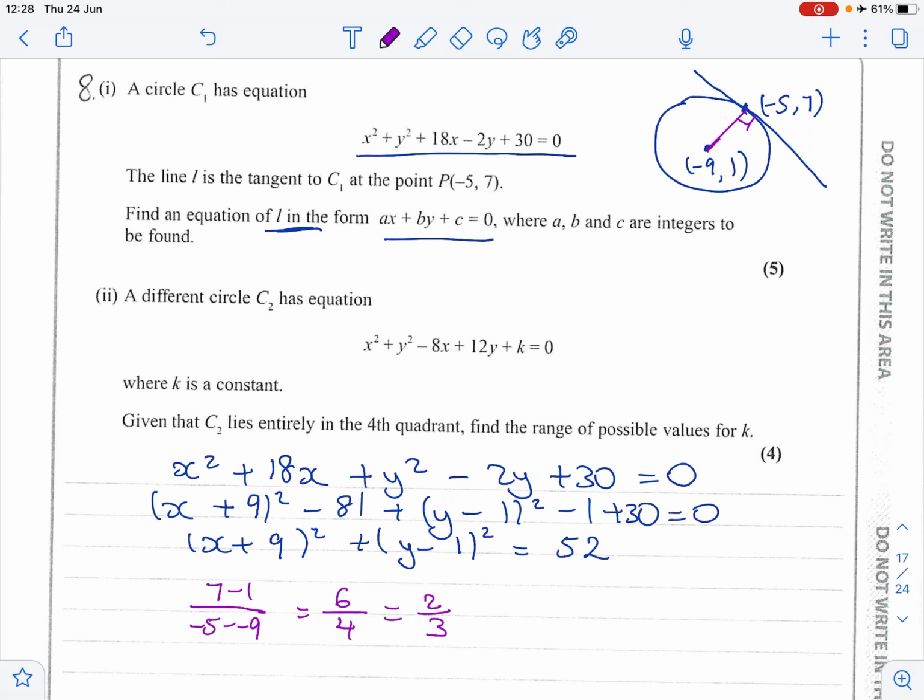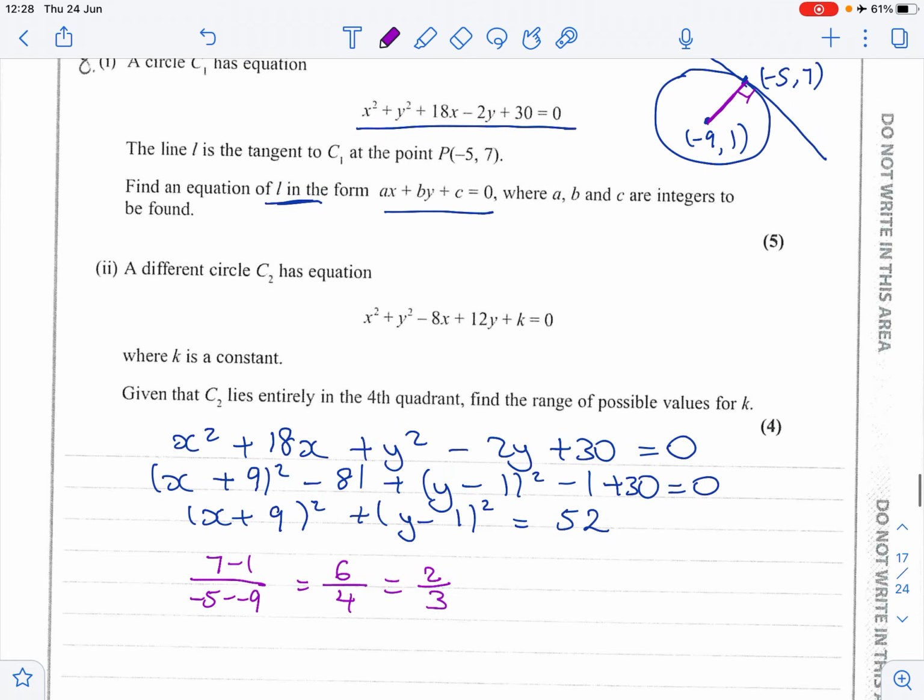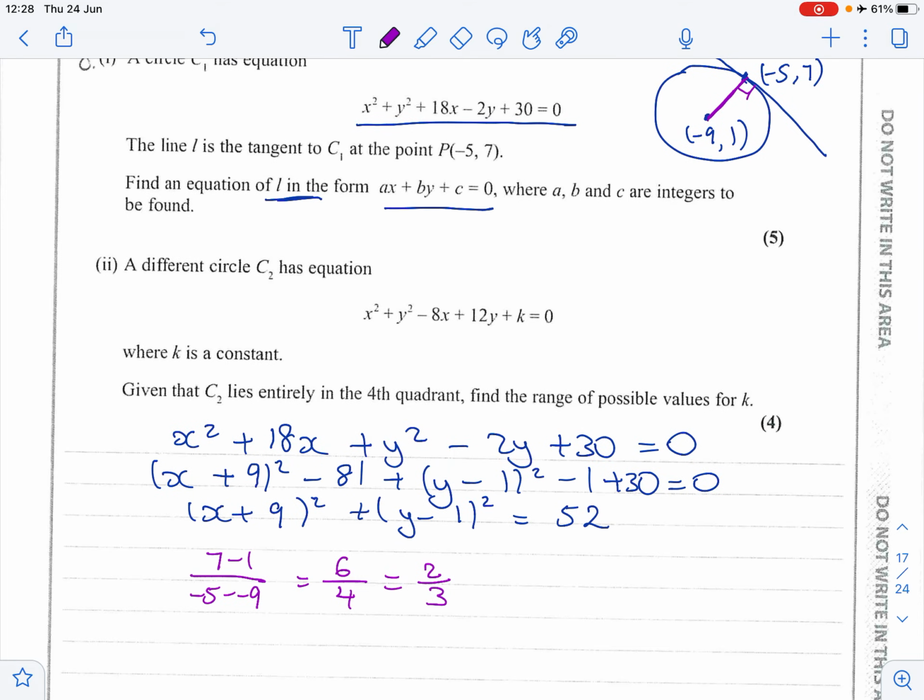So we know the gradient of this line is 3/2, but our line L is perpendicular to our purple line. So the gradient for line L would equal minus 2/3. So remember, they are perpendicular, so it's the negative reciprocal.